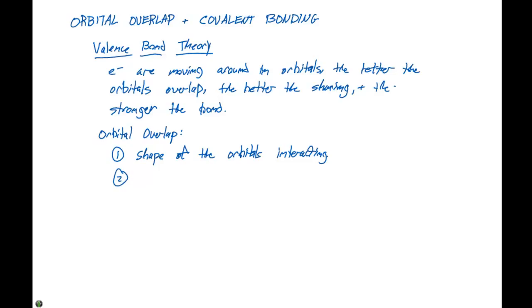The second is the energy difference in the orbitals that interact. And this is going to be proportional to the difference in electronegativity.